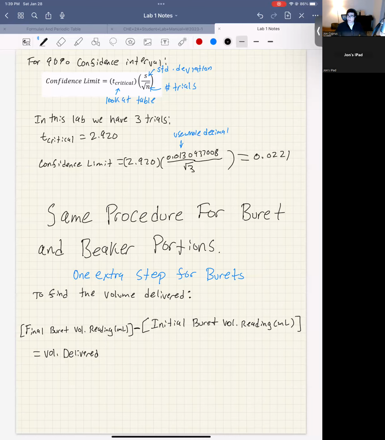So 15 minus 3 gives you 12. Now, if you're above or below, it doesn't matter as long as you read it correctly. Because if you deliver a little more, then you get a little more mass, and you would measure that, and that would play a role in your density calculation. If you deliver too little, then you get not as much mass, which you should still have pretty much the same density calculation. So as long as you're reading it correctly, it shouldn't affect your density results.